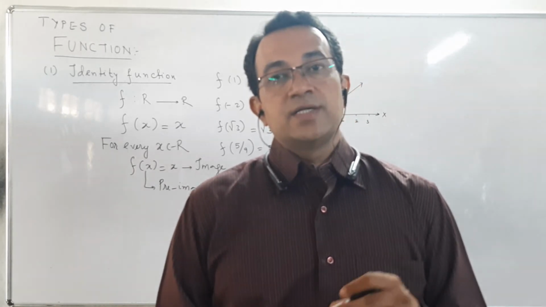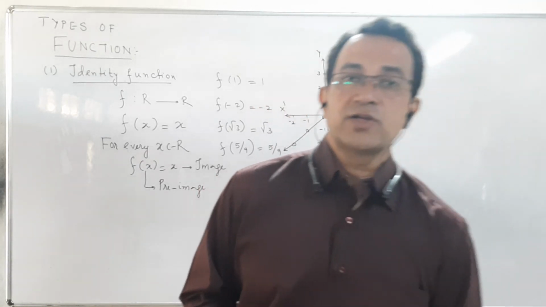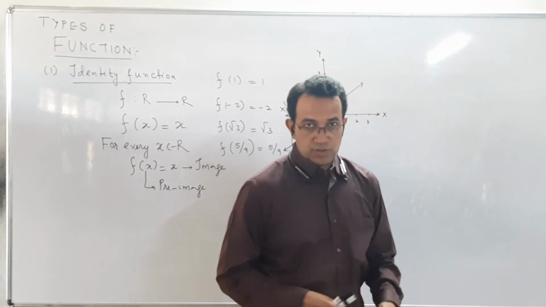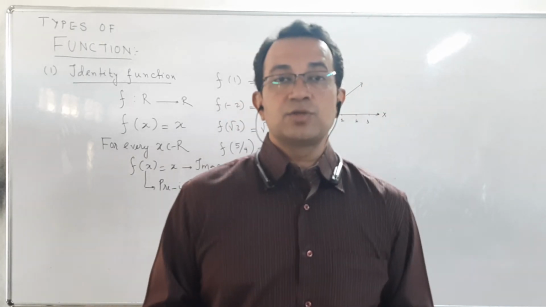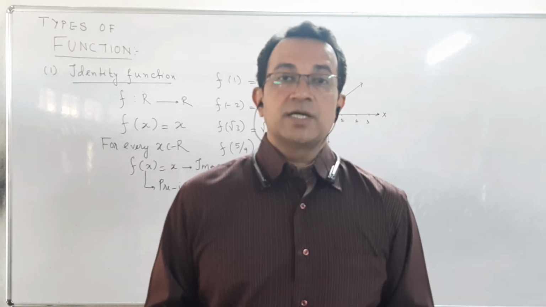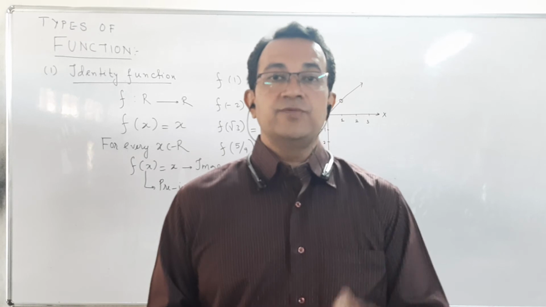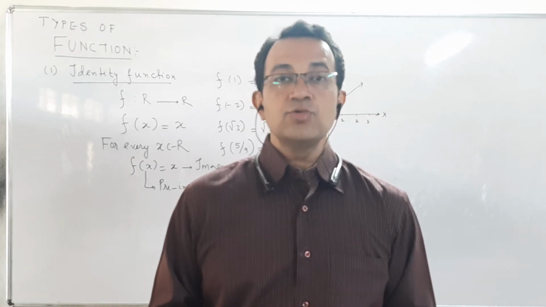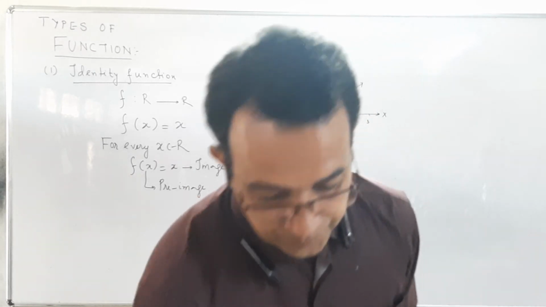Then the third thing, the graph. The graph of the identity function is the line, students, which is always passing through origin. This much, students, we have to remember.